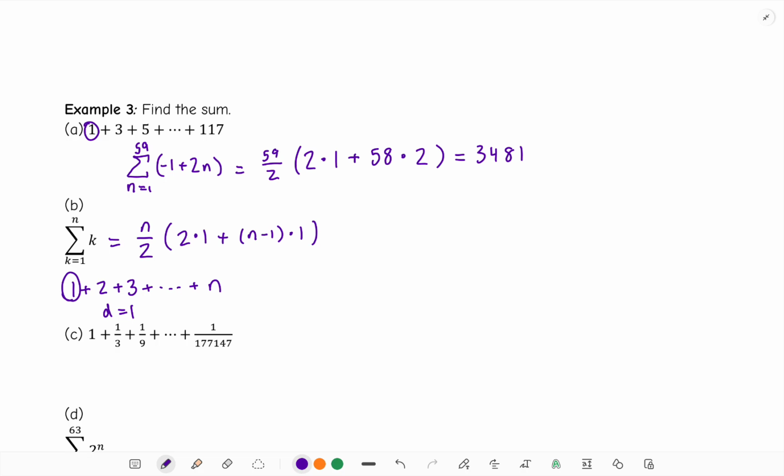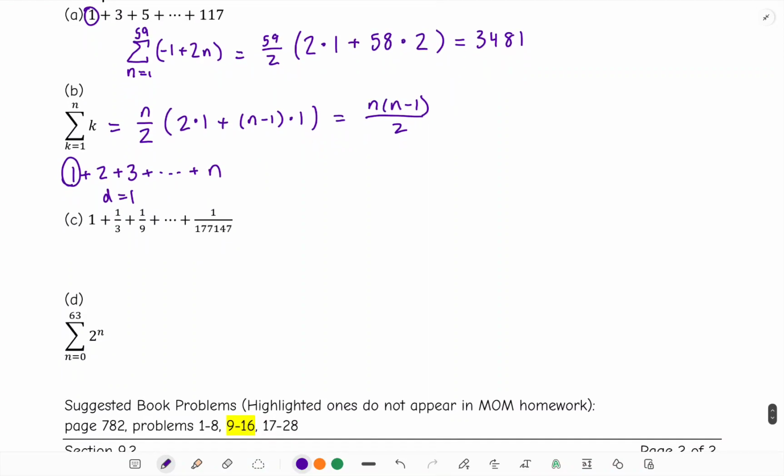And if you simplify some things, this will come out to be n times n minus 1 over 2. So in other words, if somebody ever asks you to calculate the sum of the first 200 integers, you go 200 times 199 divided by 2, which is 100 times 199, so 19,900. So it gives you a shortcut for adding integers together.